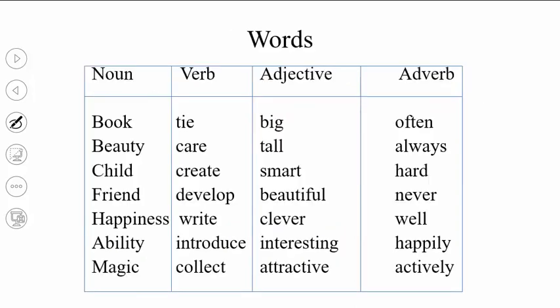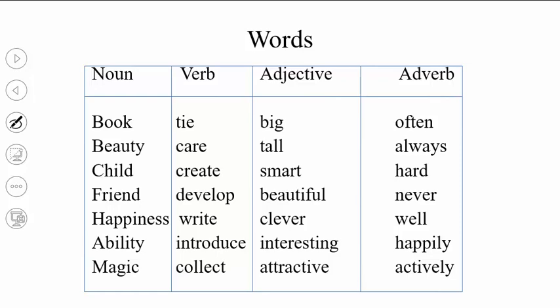Okay, good. So these are a few words under noun: book, beauty, child, friend. Verb: tie, care, create, develop, write.